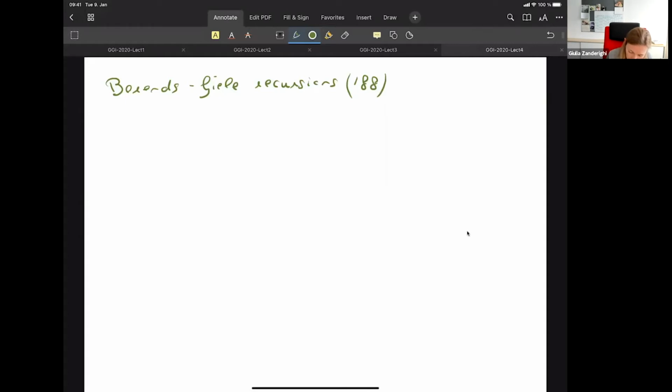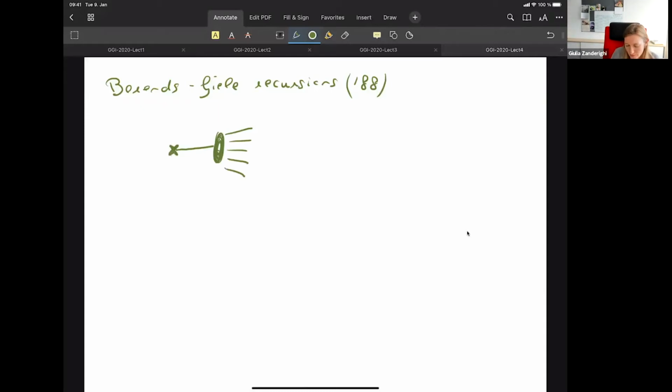So let me try to show in a picture what this means. When I put a cross like this, it means that this particle is off-shell. And then here I have an interaction. So this is one gluon, and then here I have many gluons coming out. So this is what I want to compute.